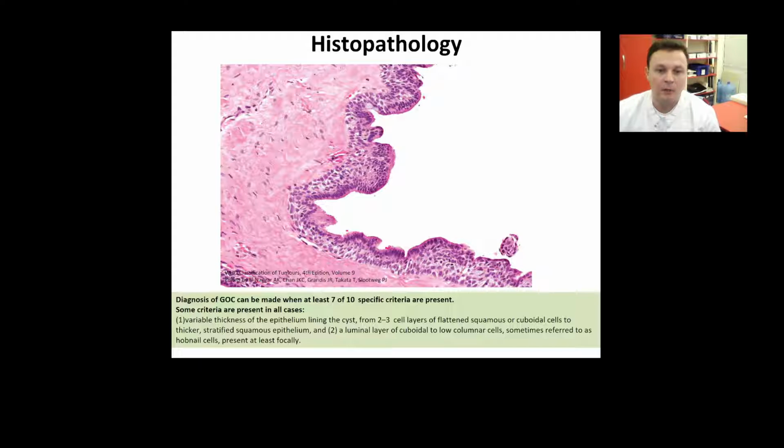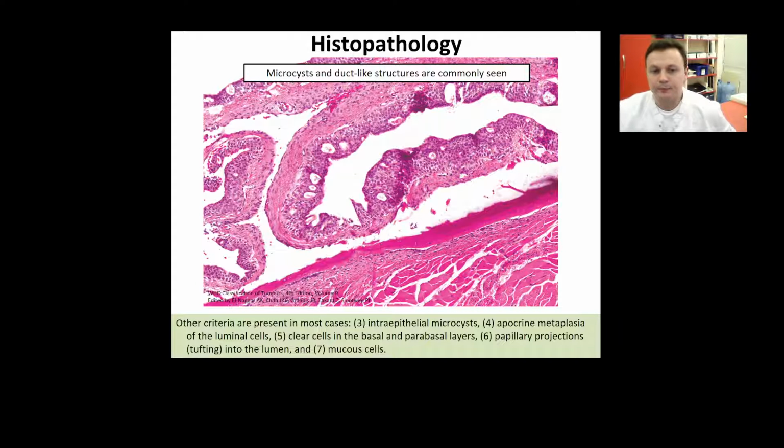First, variable thickness of the epithelium lining the cyst, from 2 to 3 cell layers of flattened squamous or cuboidal cells to thickened stratified squamous epithelium, and second, a luminal layer of cuboidal to low columnar cells, sometimes referred to as hobnail cells, present at least focally. All the criteria are present in most cases.